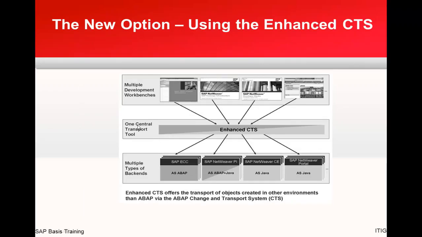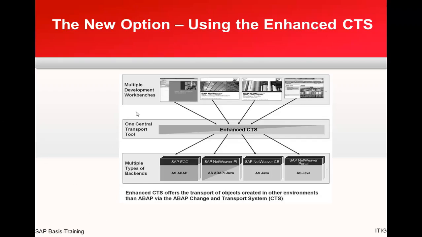Now the new option is through CTS Plus, that is enhanced CTS. Okay, enhanced CTS is called CTS Plus because you can transport the non-Java things from this system as well. So enhanced CTS offers the transport of objects created in environments other than Java via the ABAP change and transport system.